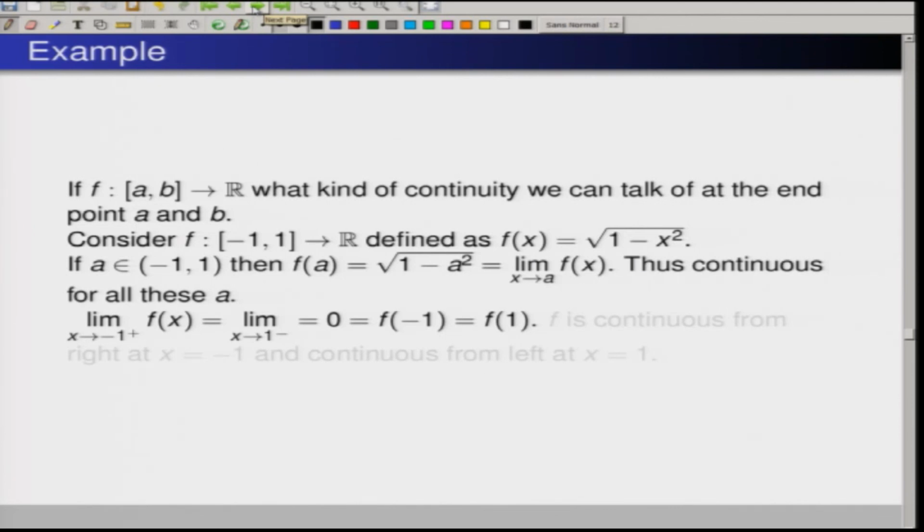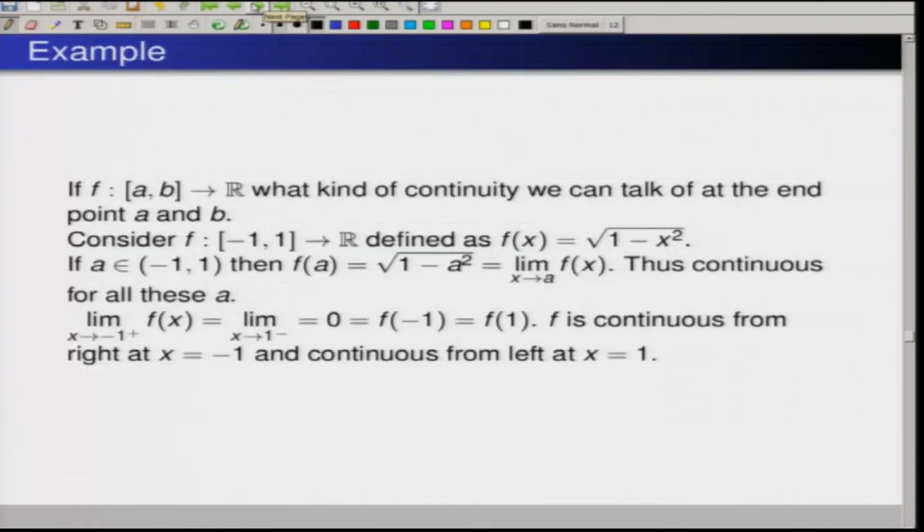And similarly, at 1, we can talk of the left hand limit, and there it is going to be 0, which is again f of 1. So, f is continuous from the right at x equal to minus 1 and continuous from the left at x equal to 1.